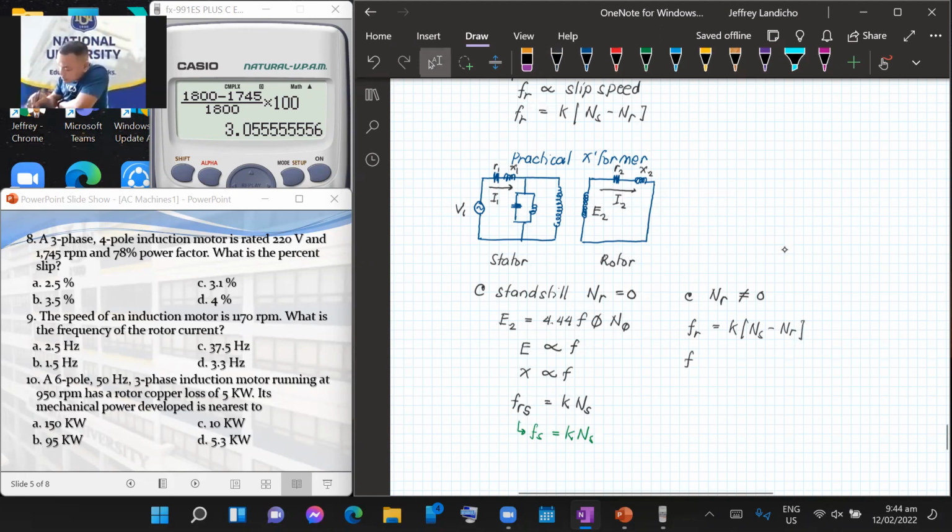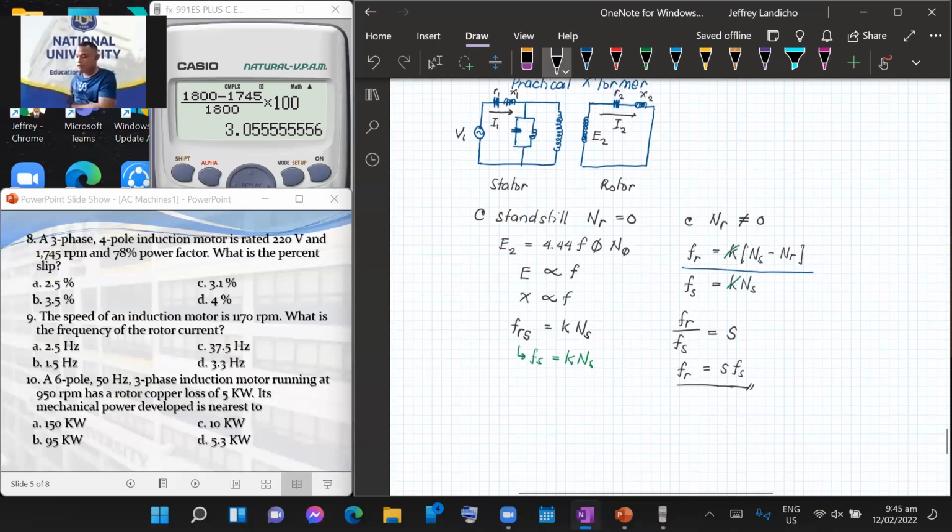So i-divide na lang natin kay rotor frequency at standstill, which is only K and S. So pag dinivide natin yan, kapatid, since iisang motor ang pinag-uusapan, this constant is cancelled out. Anong nakita natin? That the ratio of the rotor frequency over the stator frequency, it should be equal to NS minus NR over NS. Sino yan? So that should be equal to s. Kaya lumalabas your rotor frequency, it should be equal to s times f of s.